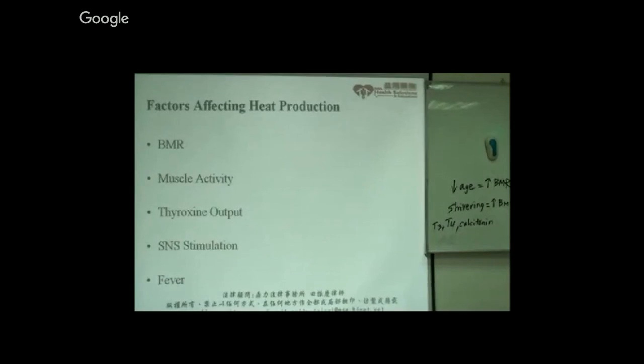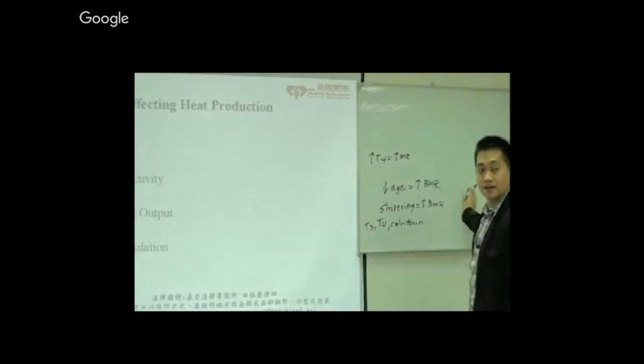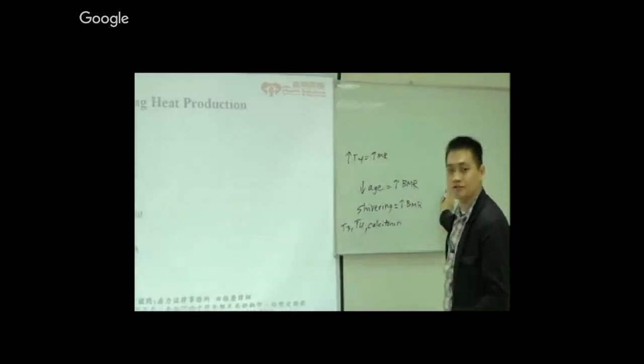They control your metabolic rate. Thyroxine is the other word for T4, so thyroxine output is also a factor in heat production. If you secrete more T4, your BMR increases, not decreases. Increased T4 increases your metabolic rate because your metabolism becomes faster.